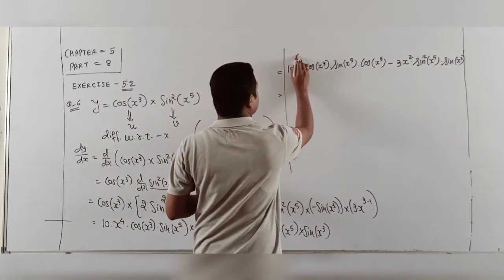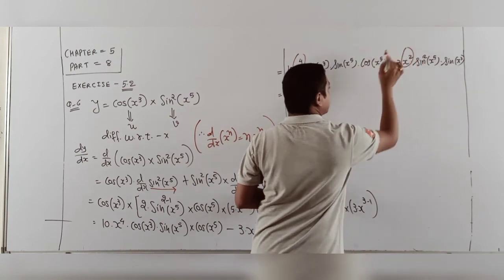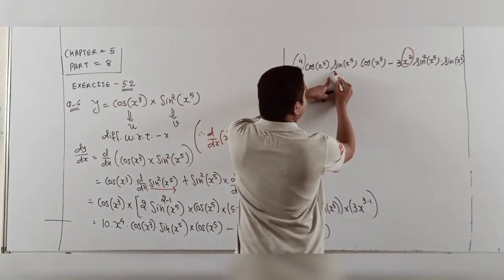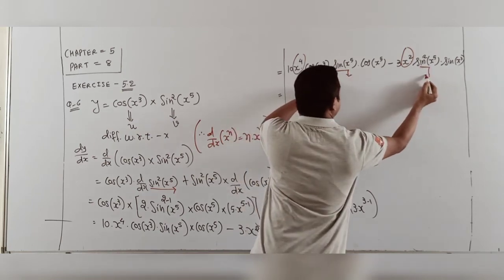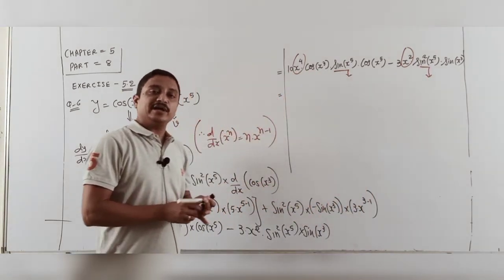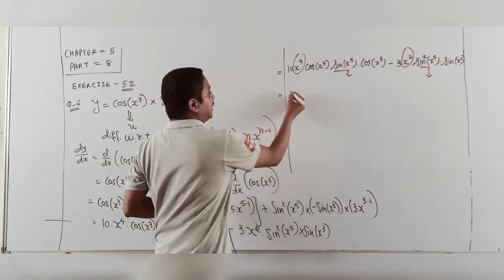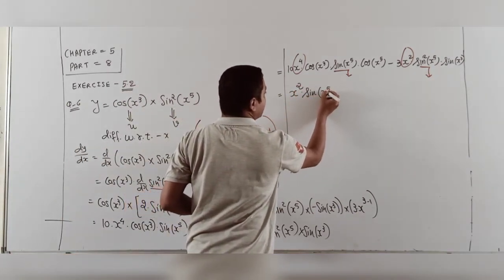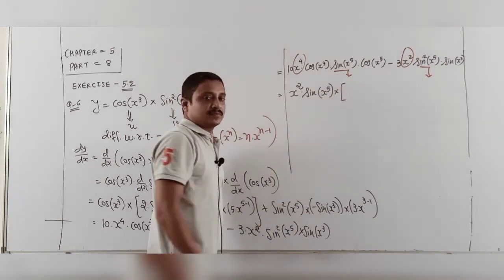Yes, these are common. X raised to 4, x square. It means x square common. Second one also common. Sin 1 time x raised to 5. Here 2 times. So 1 time I take common outside. Finally I have x square sin x raised to 5. Now what is the remaining?